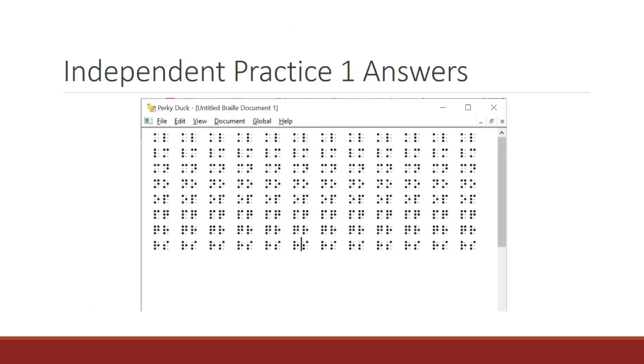This next slide shows the answers in Braille font for the letters KL, LM, MN, NO, OP, PQ, QR, and RS.